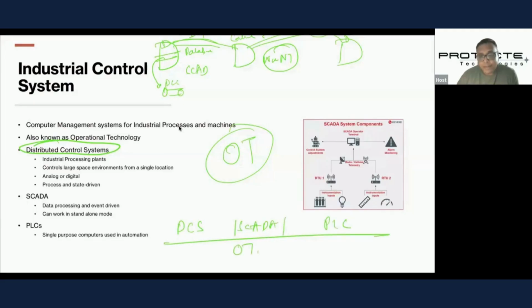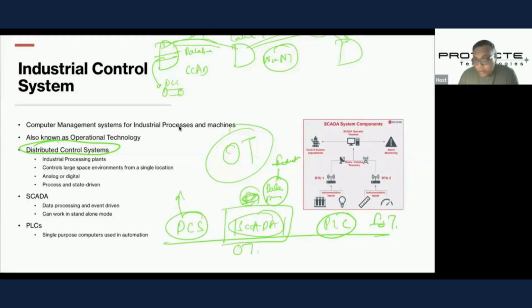Now, what has happened is the PLC is being replaced by IoT devices. The SCADA systems are changed to data processing systems, which are riding on the internet, or the SCADA systems are packaged inside IT systems, and the distributed control system has been taken over by TCP/IP networks.